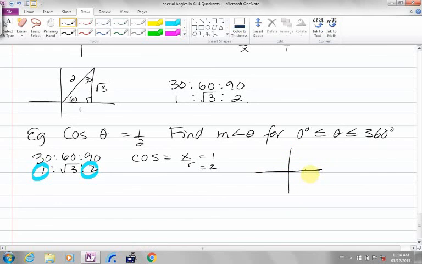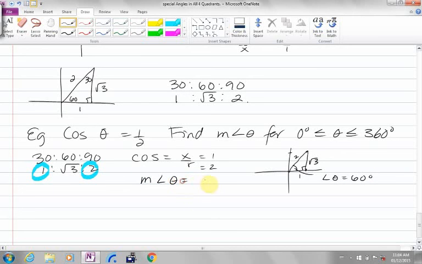If x is 1, that means y is root 3, r is 2, so we'll move the root 3 over here. What's that angle there in the corner? Yep, it has to be 60 degrees, because it's across from root 3. So angle theta is 60 degrees.